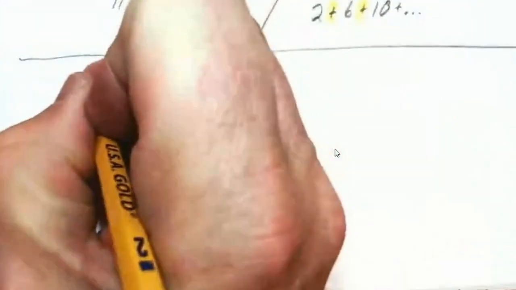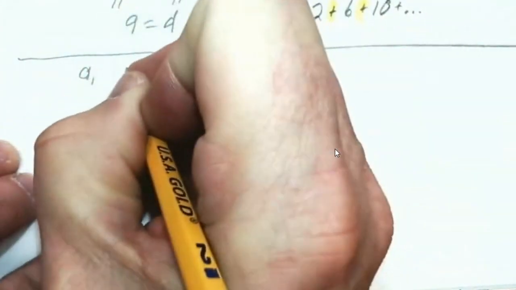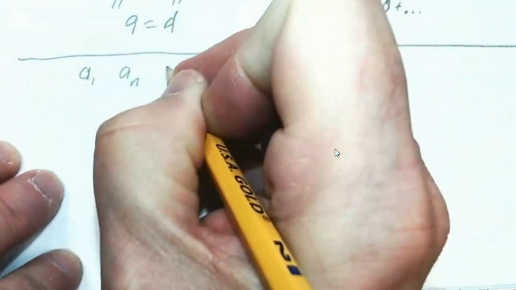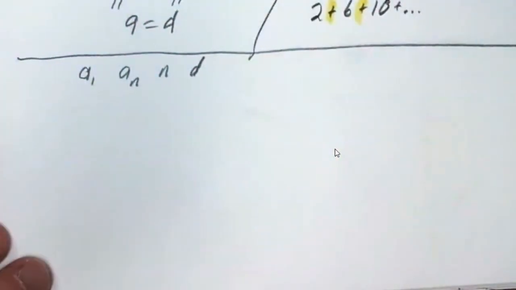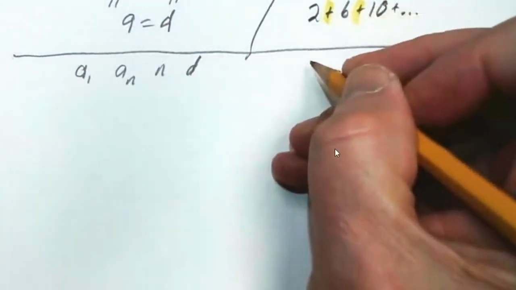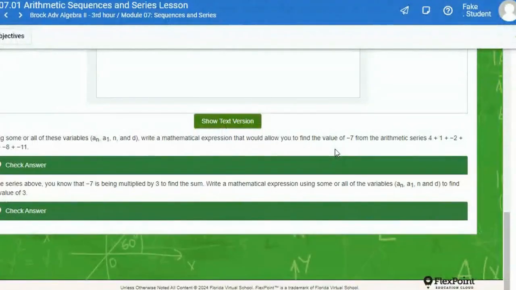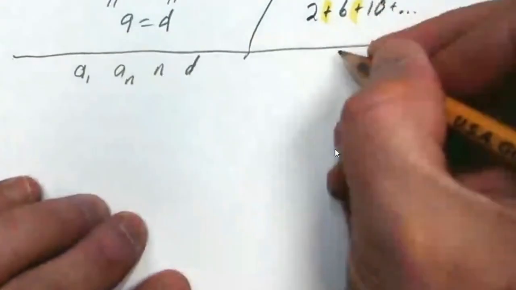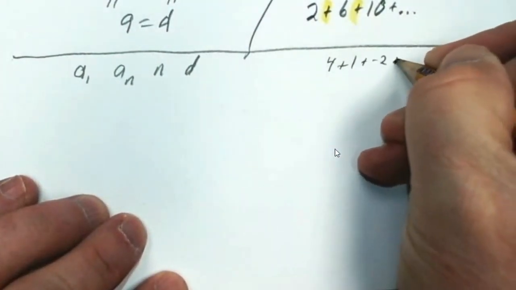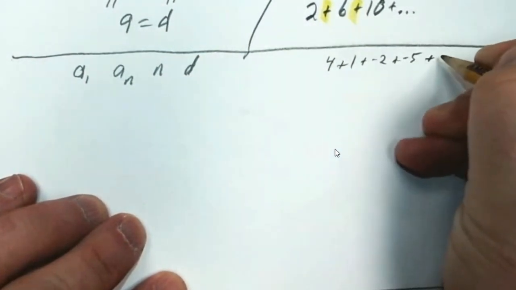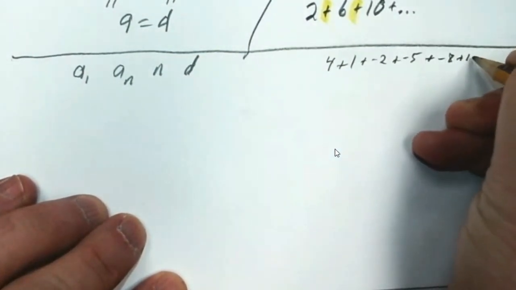So using A sub 1 and A sub n and d, how would we do that? What was their series they did? 4 plus 1 plus -2 plus -5 plus -8 plus -11.